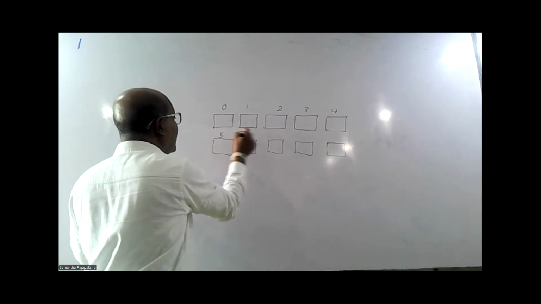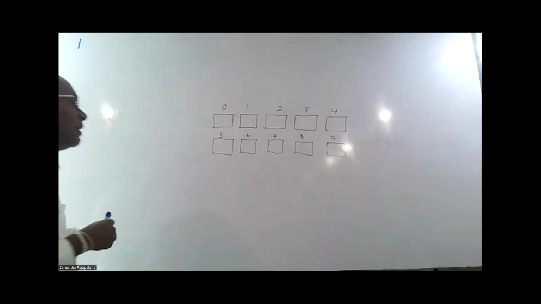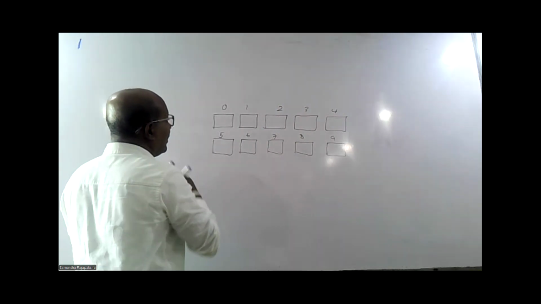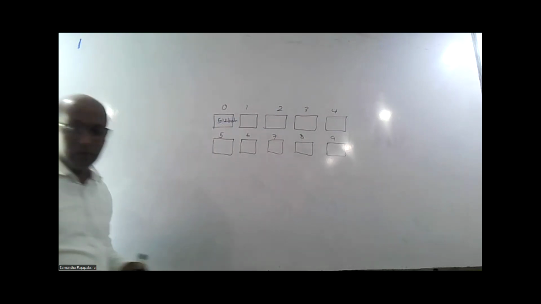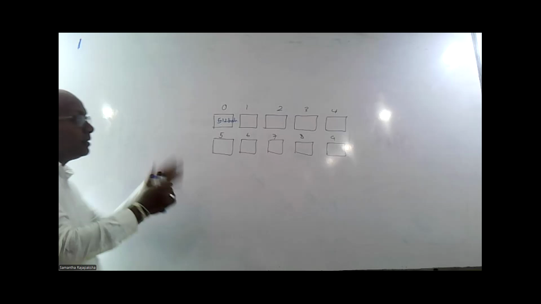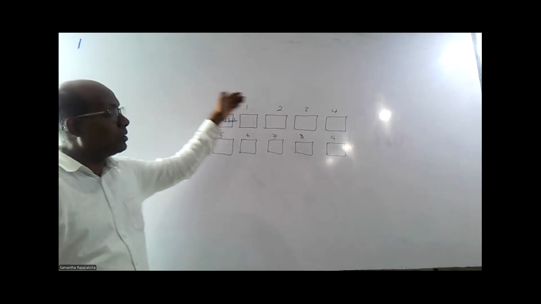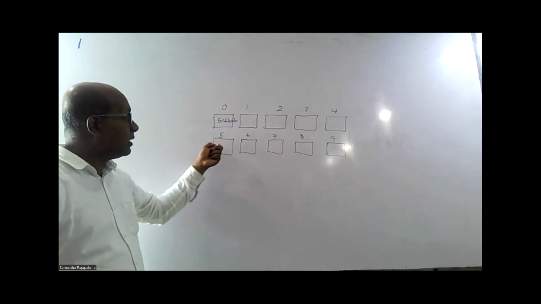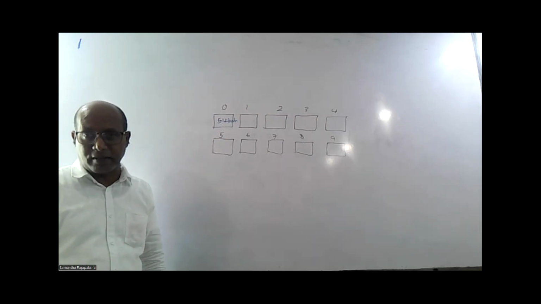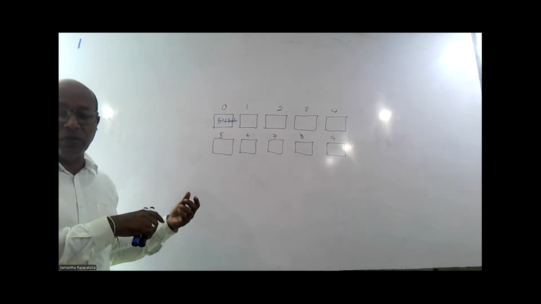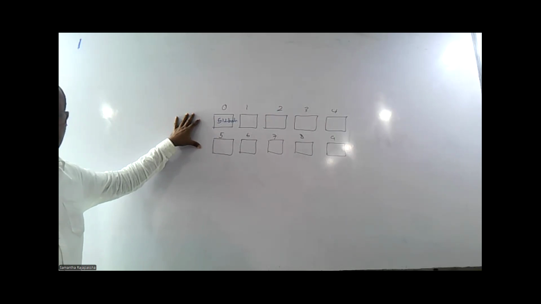Then you can have block number 5, 6, 7, 8, 9, 10. Always think your hard disk looks like this, a collection of blocks numbered from 0, and we do the IO operation block by block. This is how you should visualize the hard disk. Previously I showed the actual view, but this is a logical view. You should understand how hard disks look.